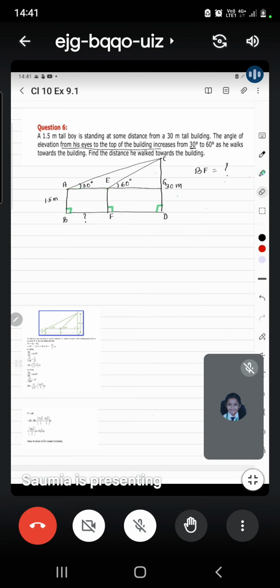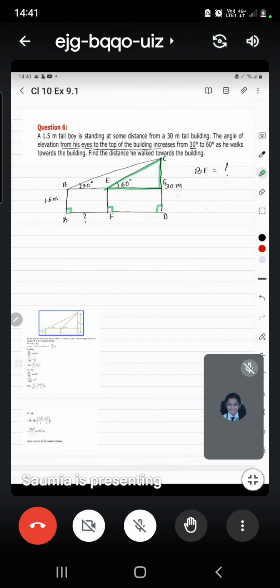Because my right angle triangles are lying at the top only. These are my right angle triangles, one inside the other. They are at the top. So trigonometry can be used there only. I cannot use trigonometry down. So let us see what we are going to do. Now, let us concentrate on this triangle.